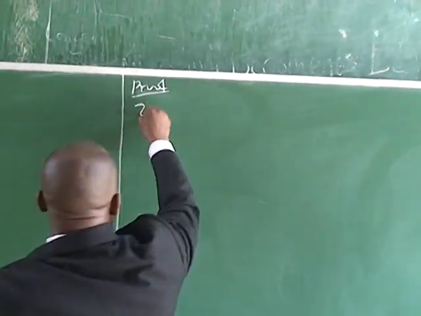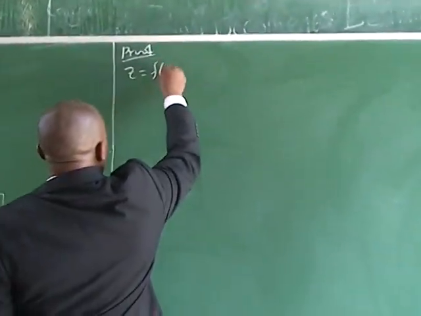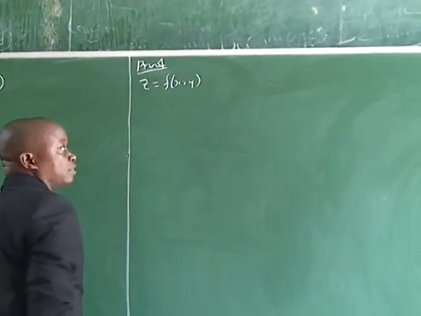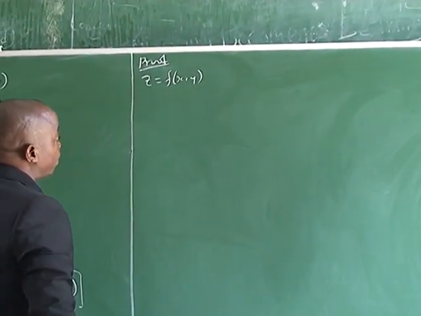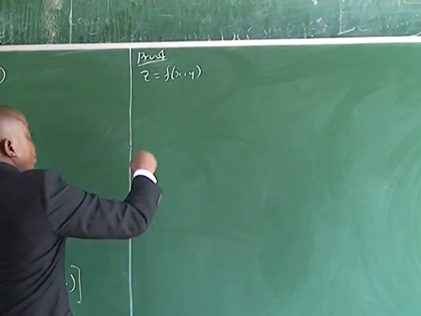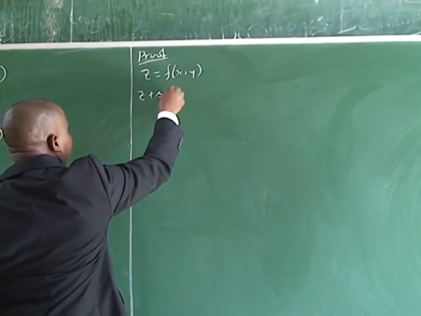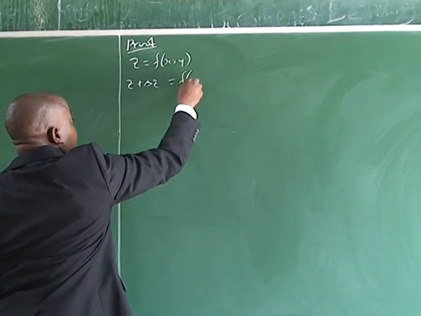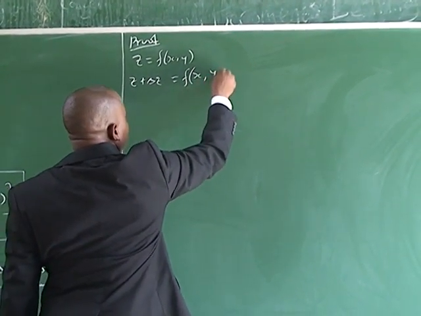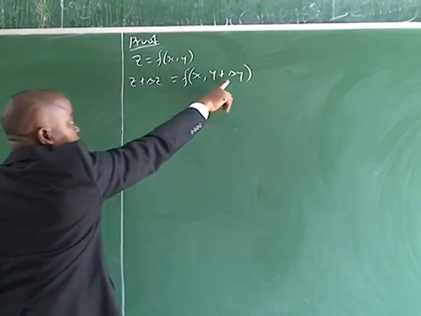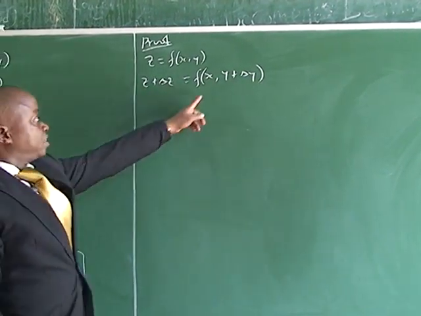We know that z is equal to f of x, y. And so when there is change in z, there will also be change in y. Look at that. Change in y, there is no change in x.